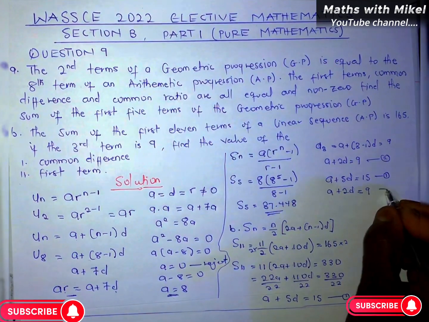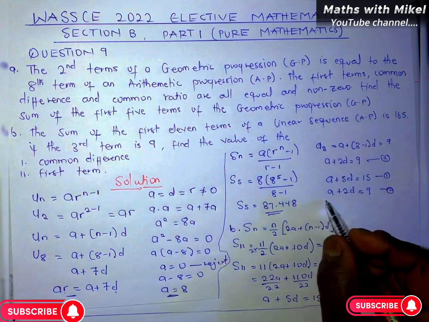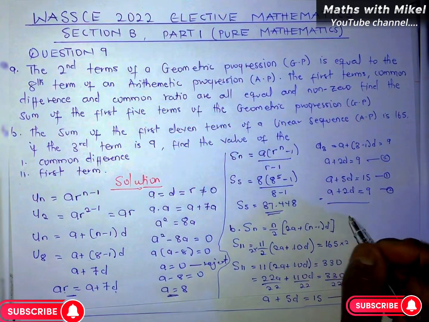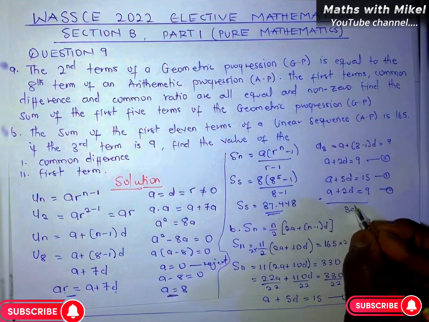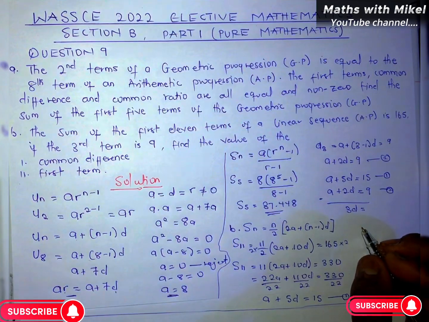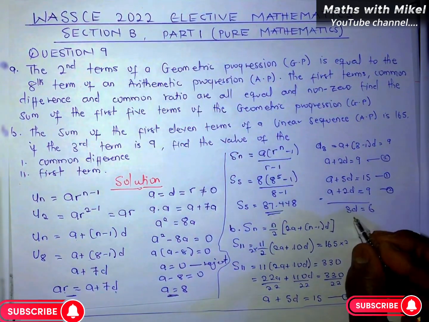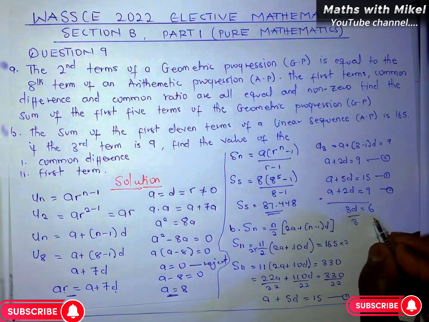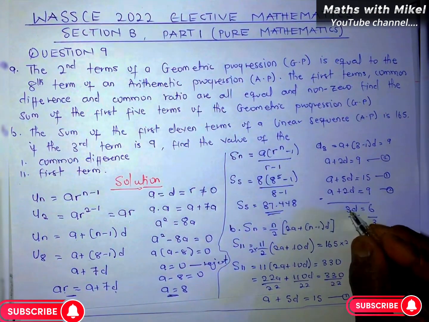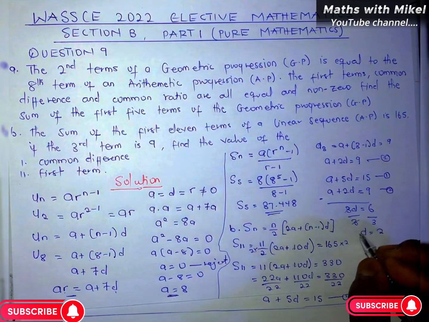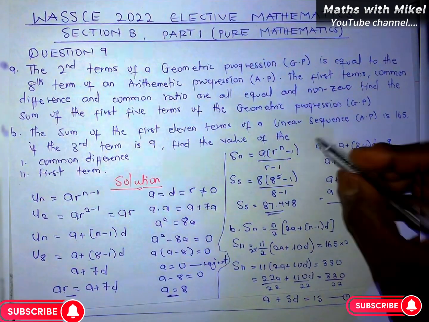Now if I subtract equation 2 from equation 1, a minus a is 0. I'll get 3d equal to 15 minus 9, which is 6. I'll divide through by 3, and d is equal to 2. And that answers the I part of the question.